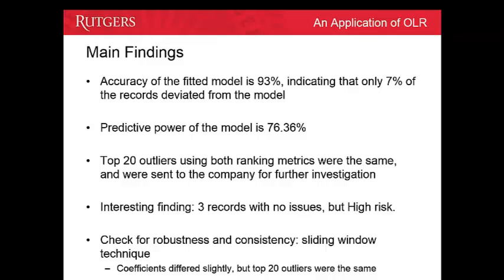What we found after examining all the outliers and ranking them, we found that the accuracy of the fitted model, this is when we used data from the 3 years and we applied the model to the 3 years, then we found that the accuracy is 93%, which means that the auditors systematically assign scores except for, let's say, like 7% of the cases where there's a difference.